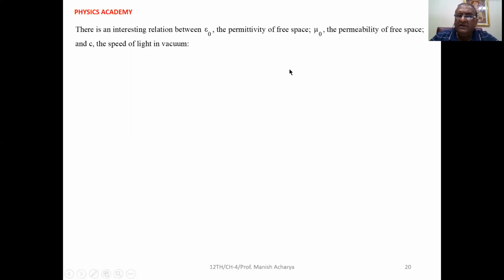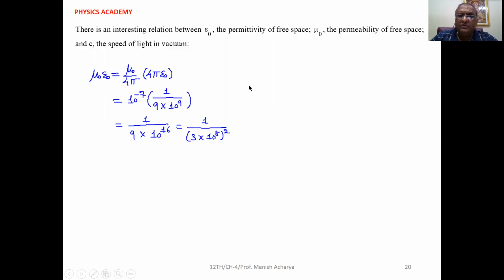Now, there is a relationship between the permittivity of free space, the permeability of free space, and the speed of light in vacuum. See how these three are associated with each other. Suppose we take the product mu0 epsilon0.